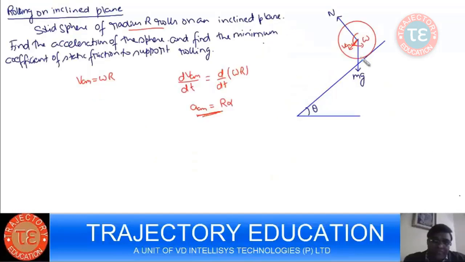But here the case is different. Here, see this mg. Mg has got a component in the direction of, or along, the inclined plane. See, this is theta. So mg will have a component that will be mg sin theta.